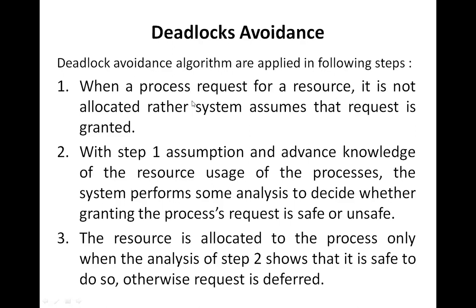The second step is, with the step one assumption and advanced knowledge of the resource uses of the processes, the system performs some analysis to decide whether granting the process's request is safe or not. Meaning, once a request has been received, it is granted but still not allocated.